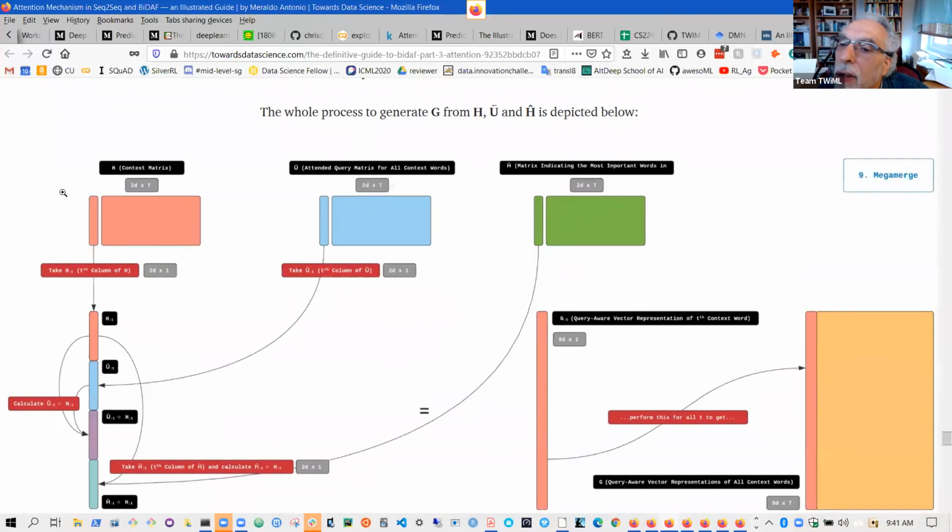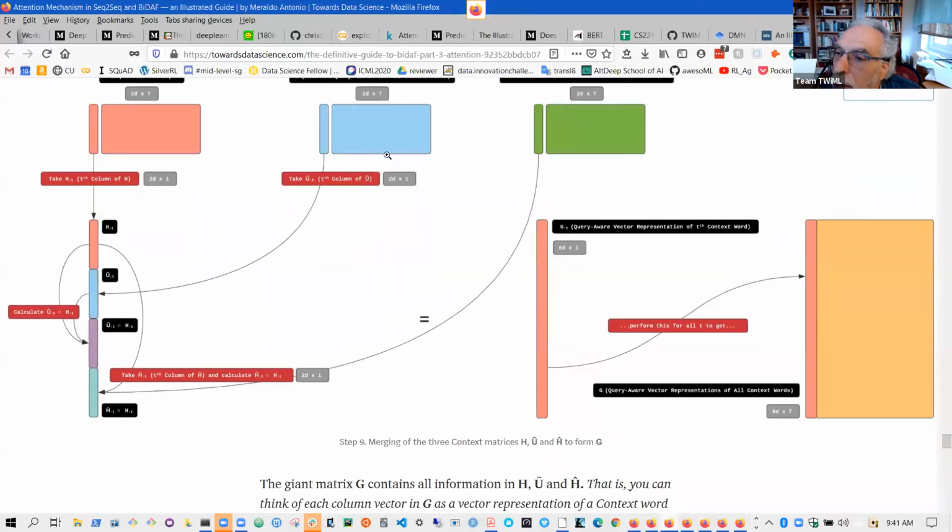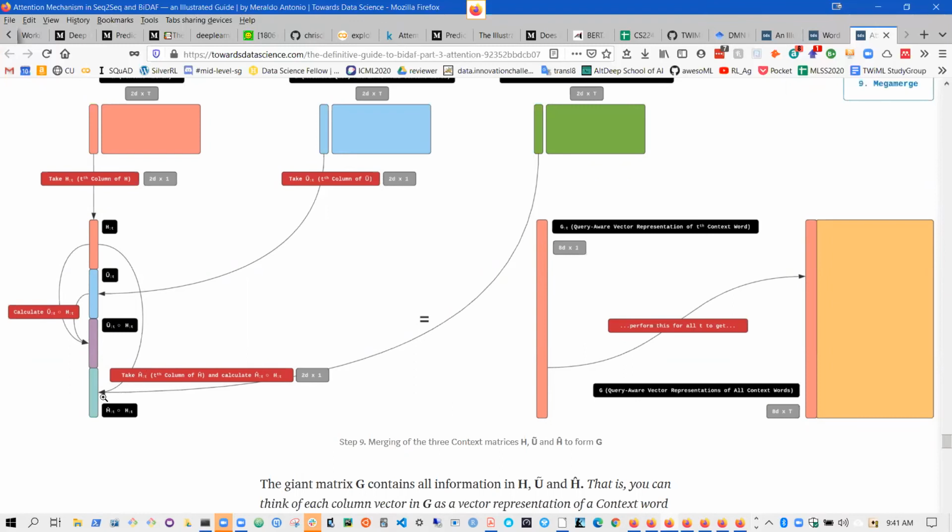Okay, so we have the context matrix, the U tilde matrix, and the H tilde matrix, both of which we calculated. Remember, this is the stack of the Z vectors, and this is a repetition of that one vector that we calculated. Then he puts them together like this. He's just illustrating the Hadamard product.